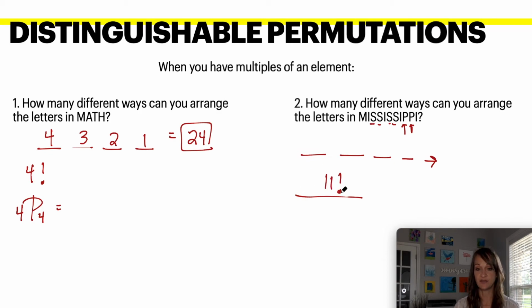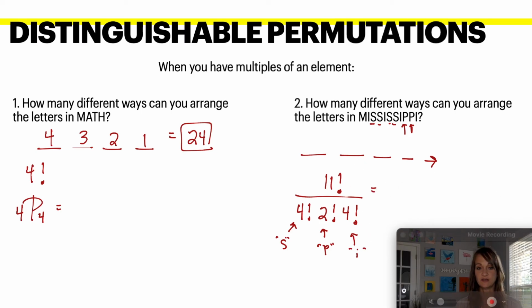It becomes 11 factorial, just like over here was 4 factorial. However, you need to divide out anything that repeats. The S repeats 4 times. The P repeats twice. And the I repeats 4 times. And this is what you would need to put in your calculator.